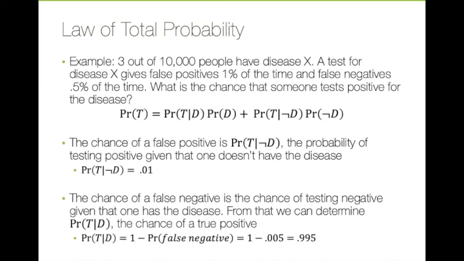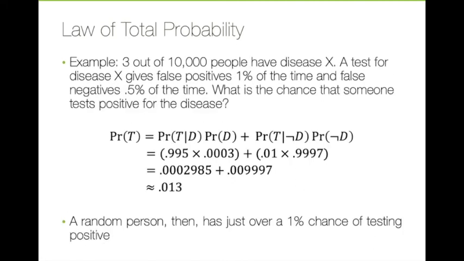That's the chance we test positive given that we do have the disease. What might not be obvious is that the problem didn't tell us that directly, but it did tell us what we need to know to figure it out. It told us the probability of a false negative, the chance of testing negative given that we have the disease. A true positive, which is T given D, is 1 minus the chance of a false negative, which is 0.995 in this case, because there was a 0.5% chance of a false negative.